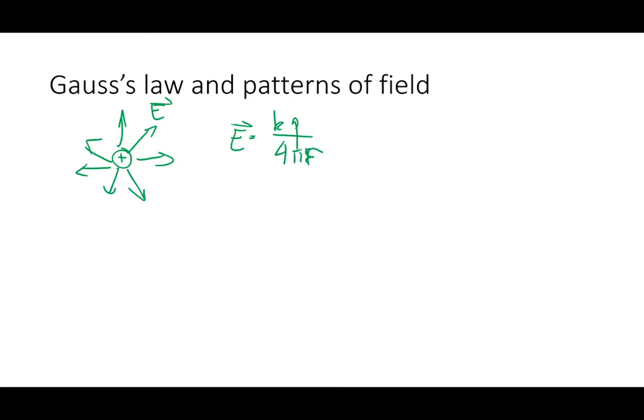So with Gauss's law, going back to the electric field, we had a positive point charge with an electric field that points outwards everywhere. Coulomb's law gave us the expression with r squared and epsilon naught.